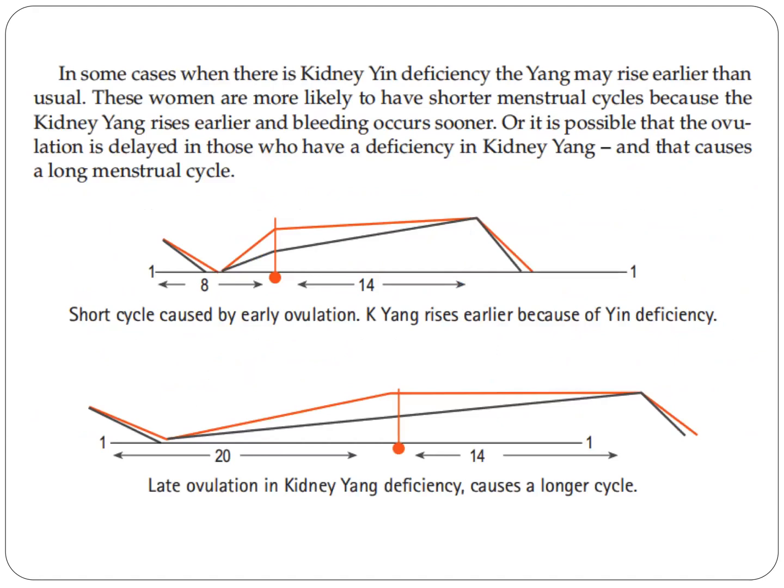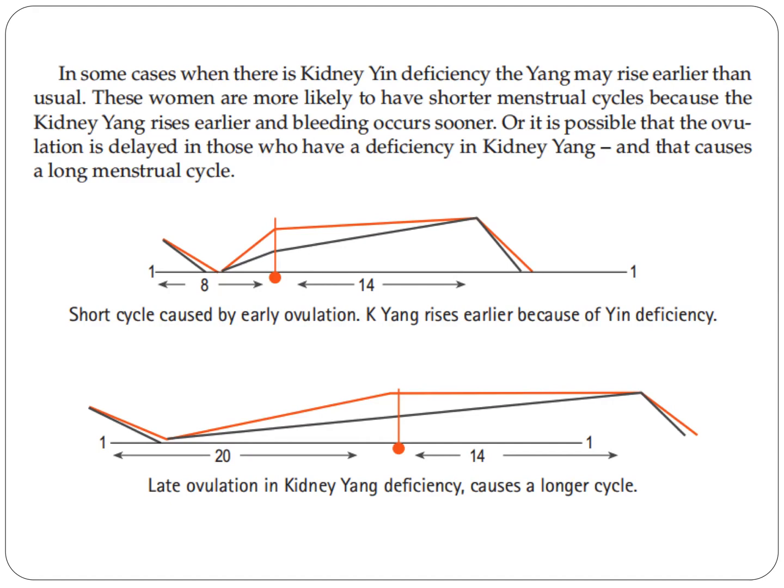In some cases, when there is kidney yin deficiency, the yang may rise earlier than usual. These women are more likely to have a shorter menstrual cycle because the kidney yang rises earlier and bleeding occurs sooner. Or it is possible that ovulation is delayed in those who have a deficiency in kidney yang, and that causes a long menstrual cycle.